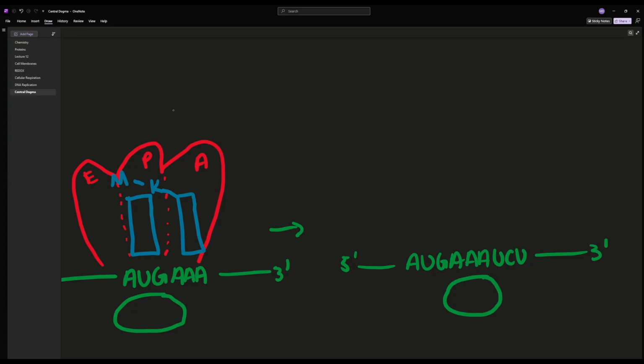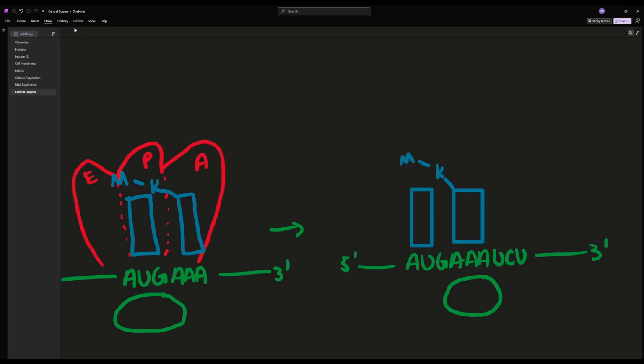We can draw in our tRNAs. Now the tRNAs didn't move, but the ribosome complex shifted over. So now methionine's tRNA is going to be with its AUG still. The one that is attached to K and M, so our growing polypeptide chain, is still going to be there, but now it's going to be in the P site.